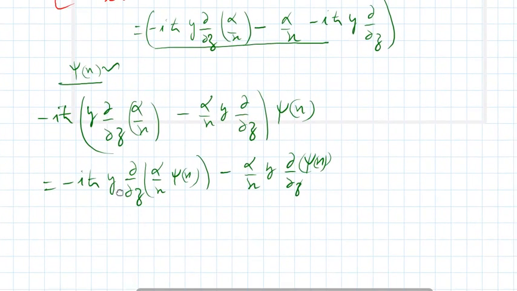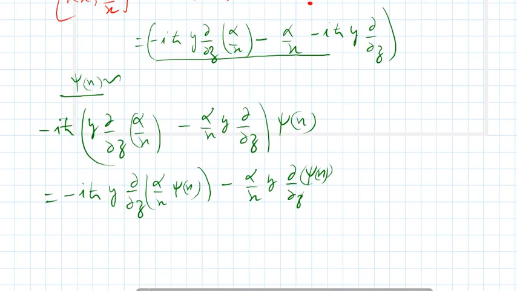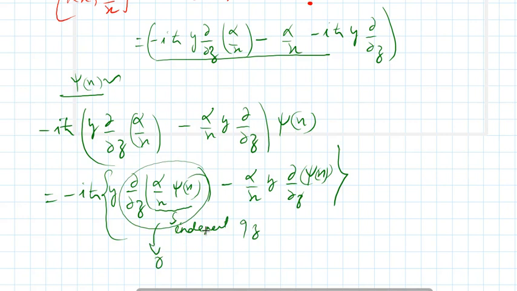Now these two terms are basically independent of z, so that means this whole term will become 0.